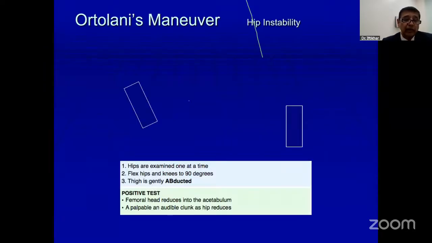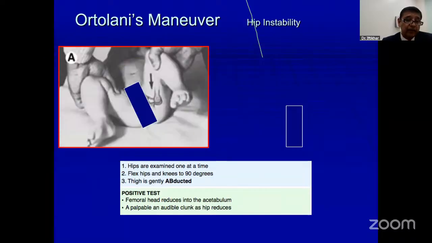What is the Ortolani maneuver, or hip instability testing? Ortolani means you are trying to reduce the hip from dislocation. For this test, hips are examined one at a time: flex the hip and knee to 90 degrees and gently abduct.